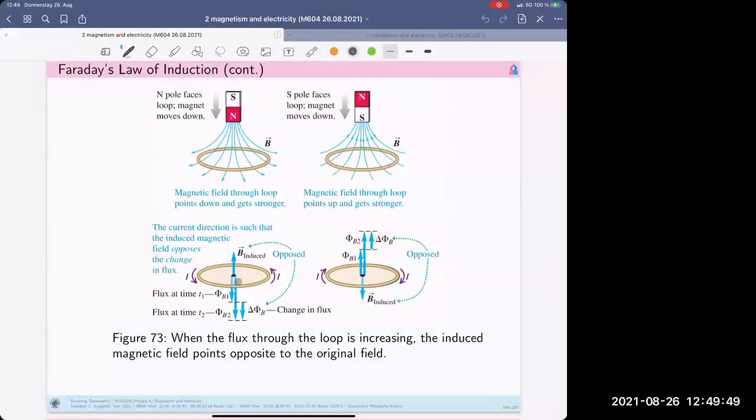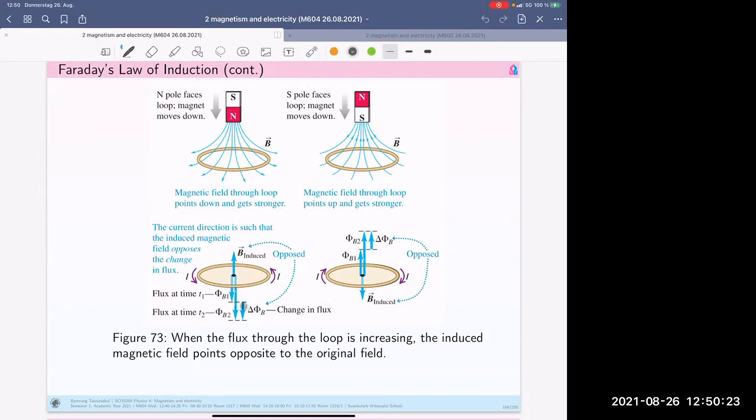With the comparison of both situations, we find that there is a change in magnetic flux, denoted by delta Φ_B. Delta Φ_B is important in this scenario, because the EMF will emerge due to the flux change.